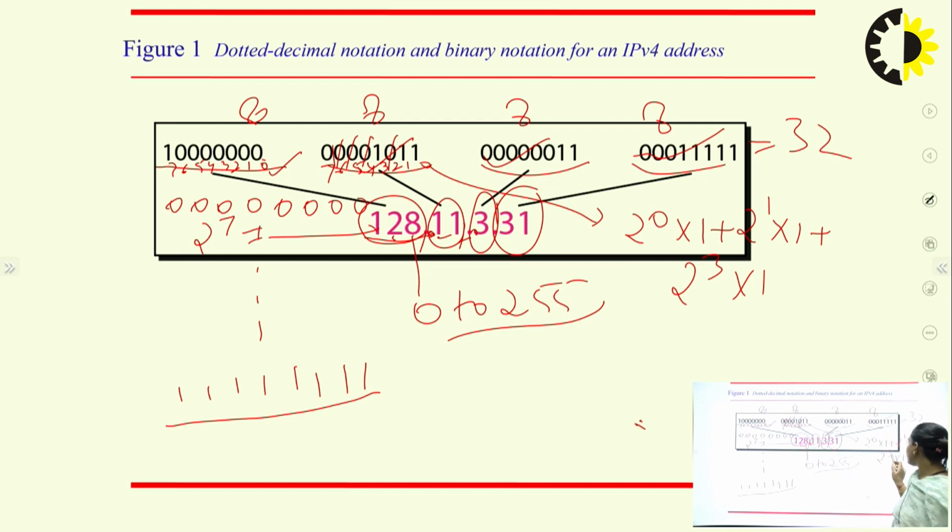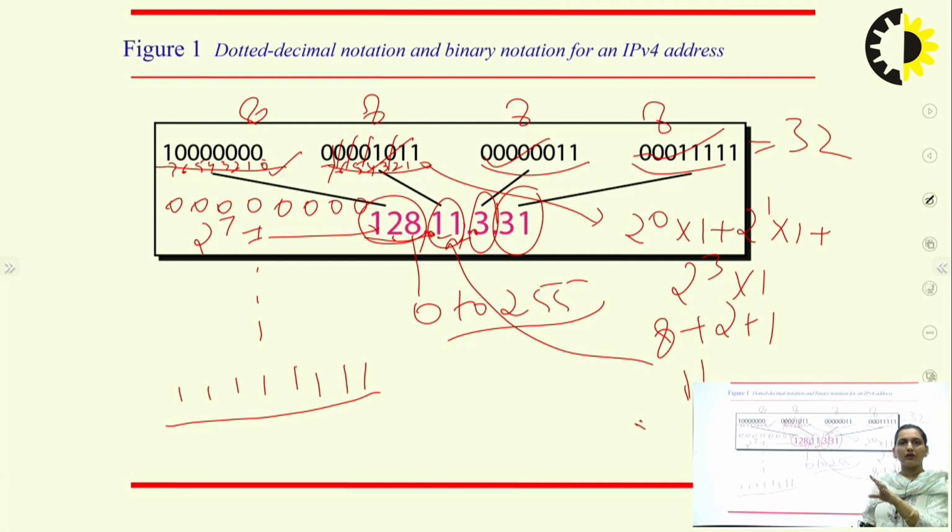So 2 raised to power 3 is 8, plus 2, plus 1, that is resulting to 11. We are simply converting each octet, which is binary, into decimal by using the subscripts, and we are limited to 0 to 7.